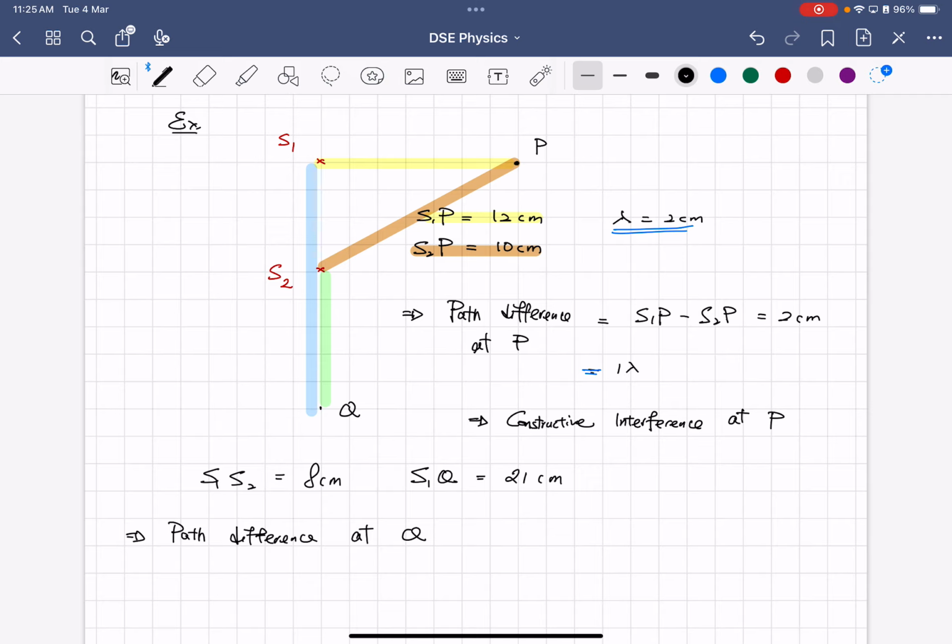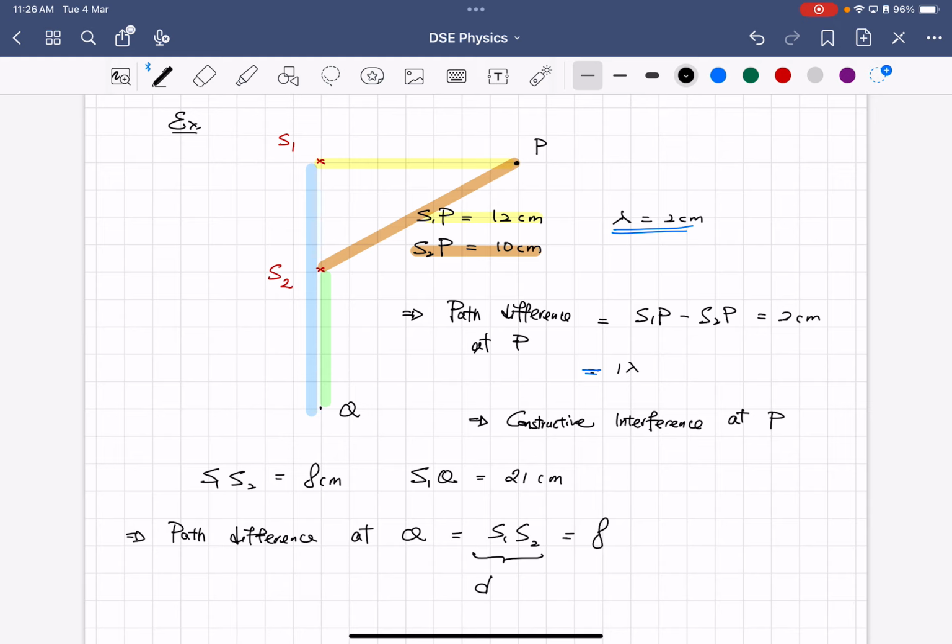So in this case, the path difference is just equal to S1S2. This is just the separation between the two sources, which is d in the above formula, the slit separation. So in this case, you take the slit separation as the path difference.